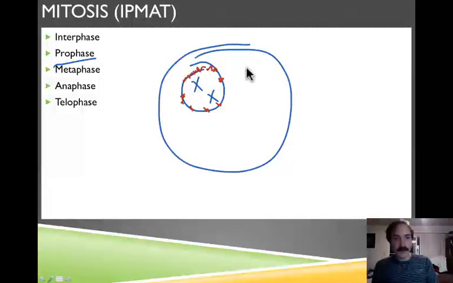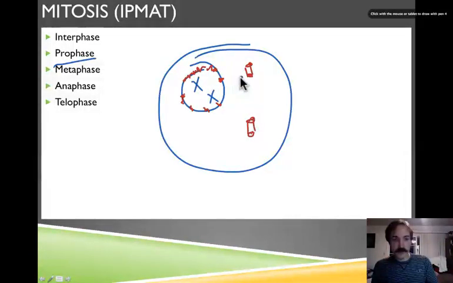And then the other thing that you'll see during prophase is you'll start to see something called the spindle apparatus form. And so on each side of the spindle apparatus, you'll have something called a centriole. Okay, and then in between the centrioles, you will have the spindles, or spindle fibers, which kind of look like threads.